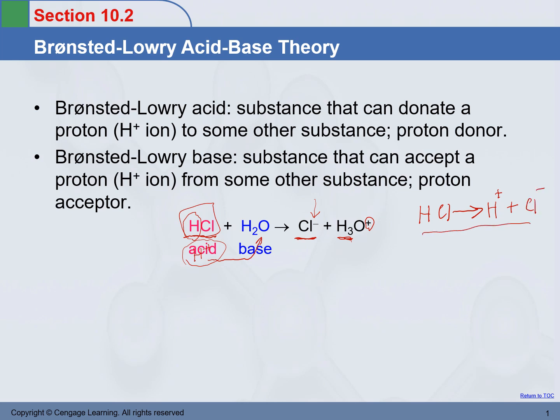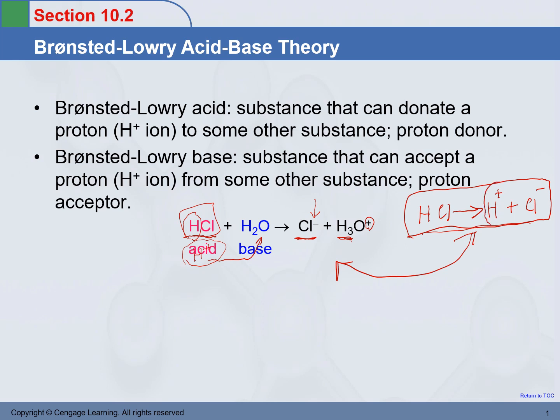Now, as you can see, these are 2 different ways to describe what happens when you dissolve HCl in water. Now, which one is correct? Well, as a matter of fact, this was proved to be a mistake.